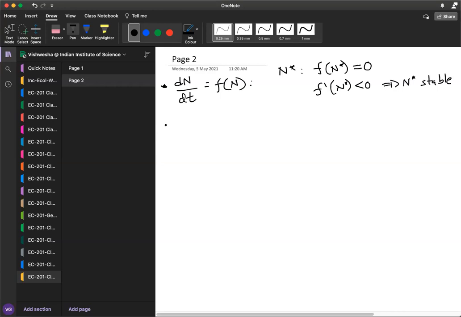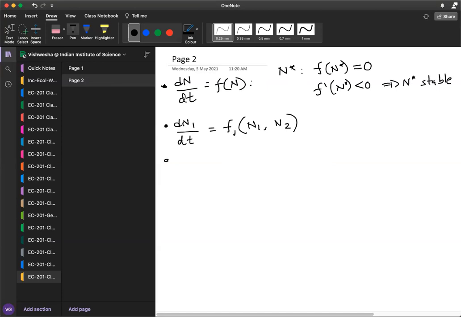Now we have something more. We have a two species model. If the general form is this, the growth rate of N1 can depend on both N1 and N2 now, right? In our case, N2 basically causes a decline in the growth rate.